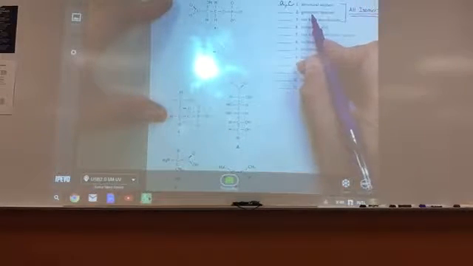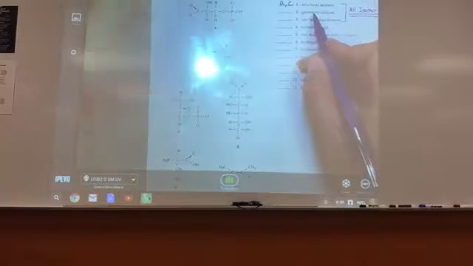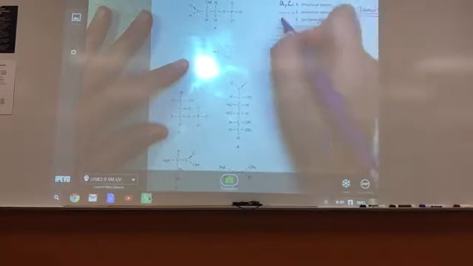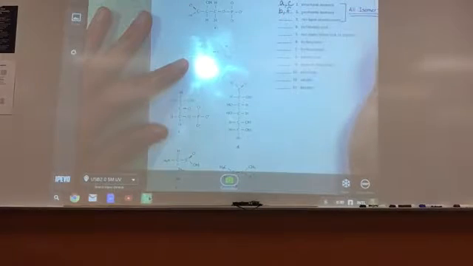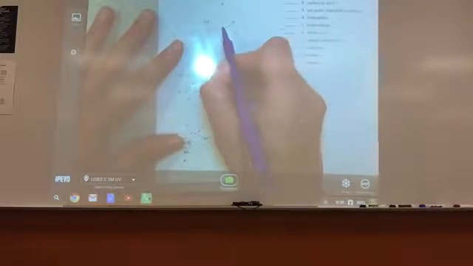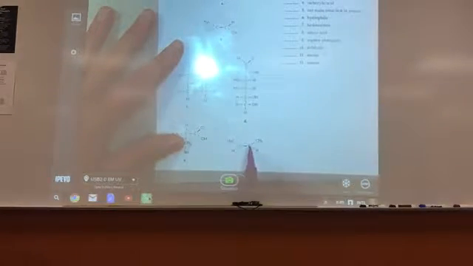For geometric isomers, one way to have isomers is different chemical groups on different parts around the double bond. In this case, this is B and F for the geometric. These are also isomers because they both have a carbon-to-carbon double bond.